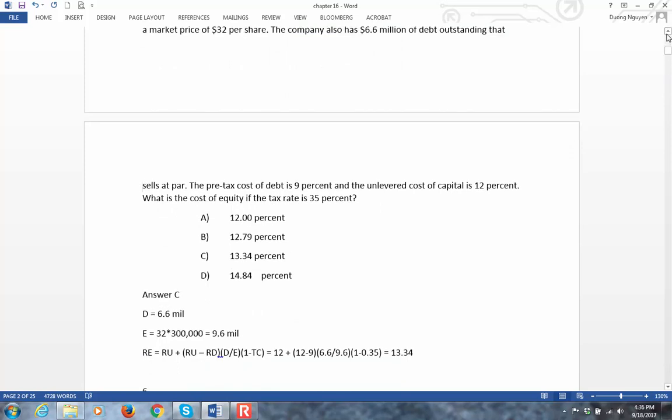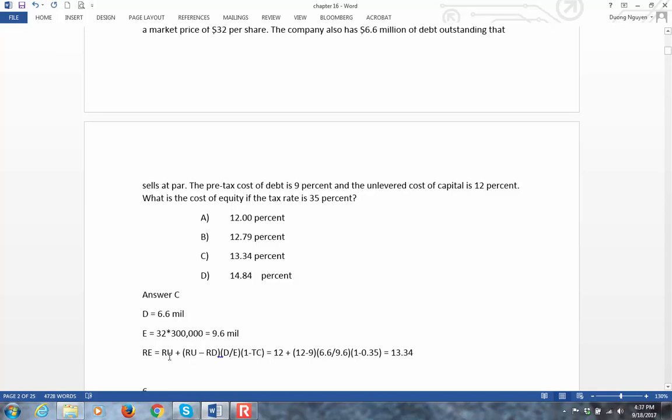If you look at the formula in the book, the cost of equity is equal to the unlevered cost of capital plus (R_U minus R_D), where R_U is the unlevered cost of capital and R_D is the cost of debt, times the debt equity ratio times 1 minus the tax rate.